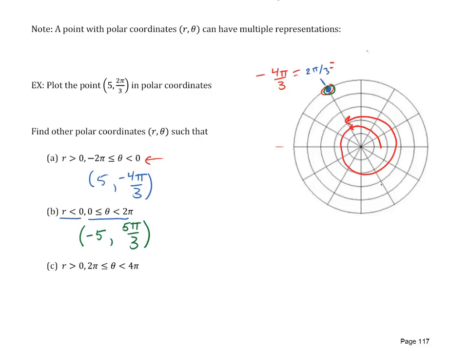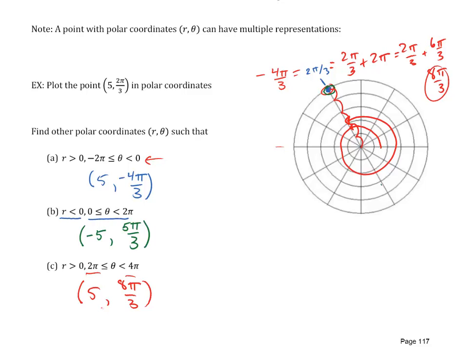That makes 2 pi over 3 the same thing as 2 pi over 3 plus 2 pi, or 2 pi over 3 plus 6 pi over 3, or 8 pi over 3. So I can still go a positive 5 in that direction, but now choose my direction to be 8 pi over 3. So 5 comma 8 pi over 3 is between 2 pi and 4 pi. That means it's more than one rotation, but less than 2 rotations. So we can convert any point to multiple representations if we have need to do so.